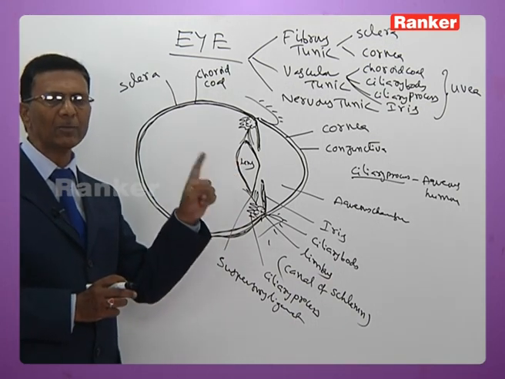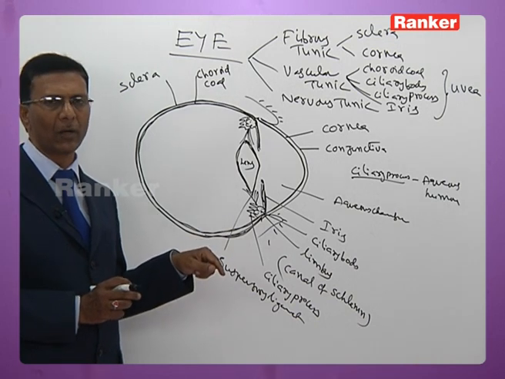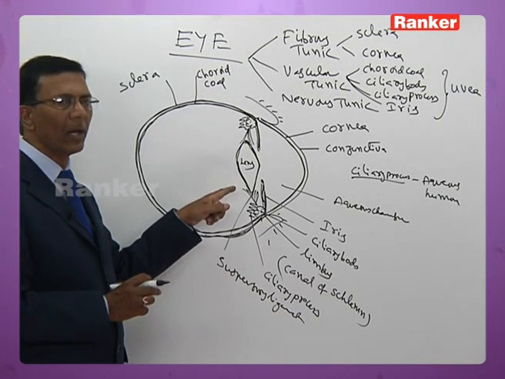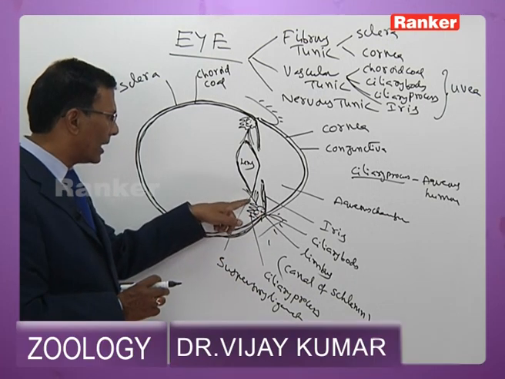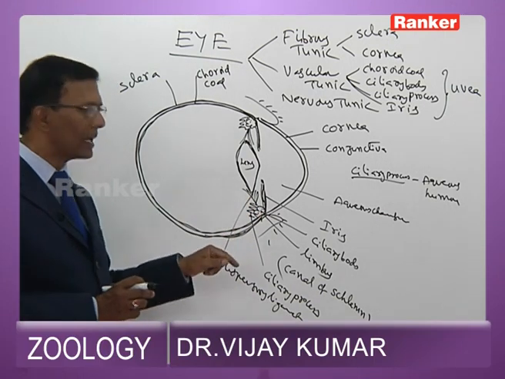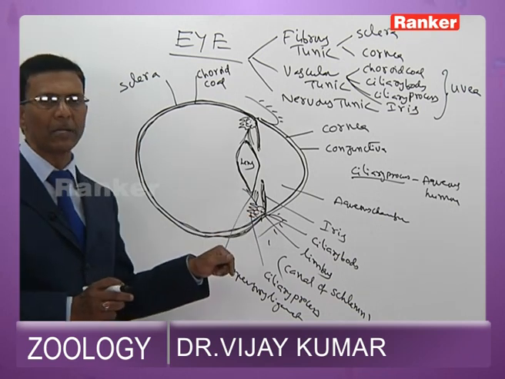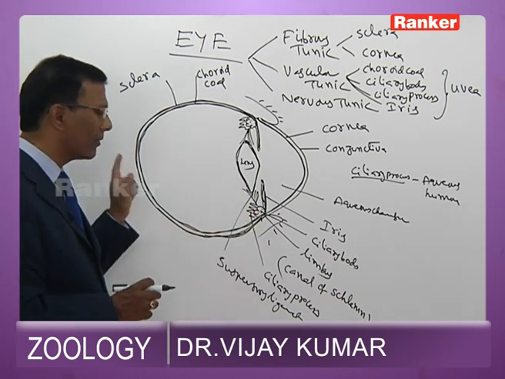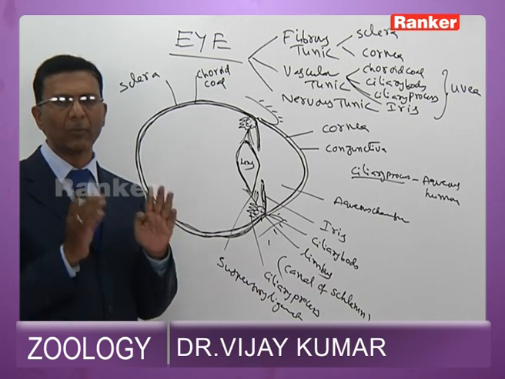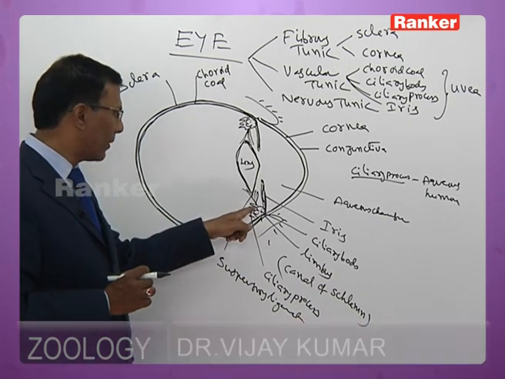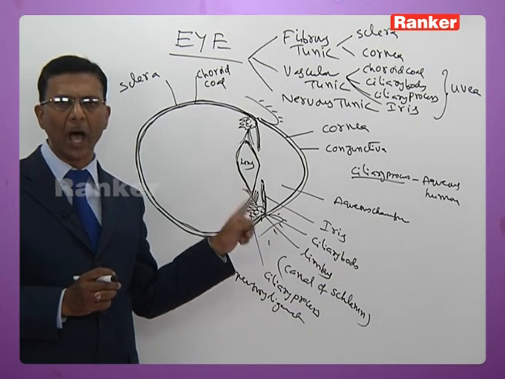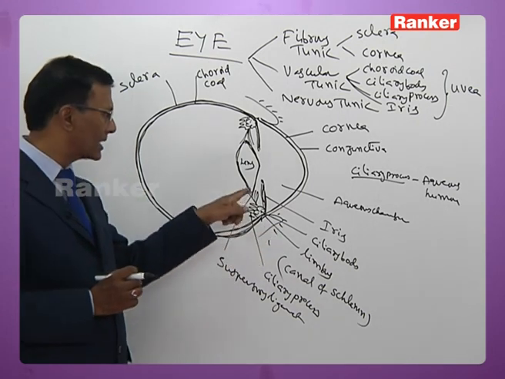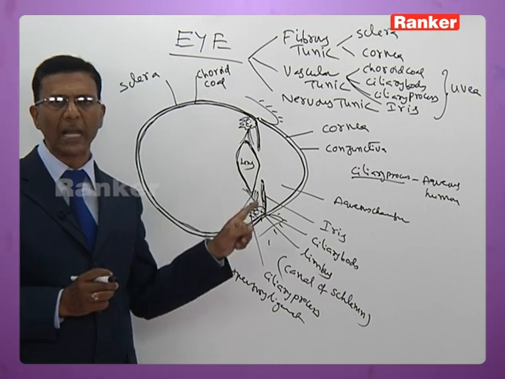When the object is far away from the eyeball, that is so. When the object is nearer to the eyeball, the lens becomes more convex, because of the relaxation of the suspensory ligament and contraction of the ciliary body muscle and inward movement of the choroid coat. So I repeat this point here now. Whenever the circular muscles and meridional muscles of the ciliary body are relaxed, the suspensory ligament becomes more tensed.